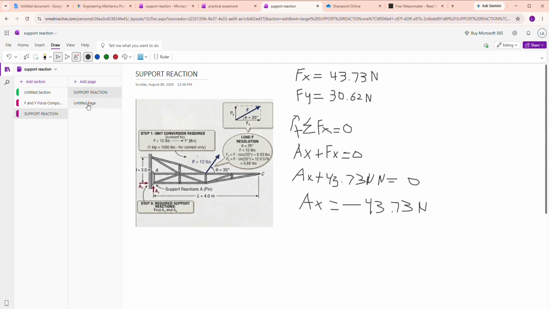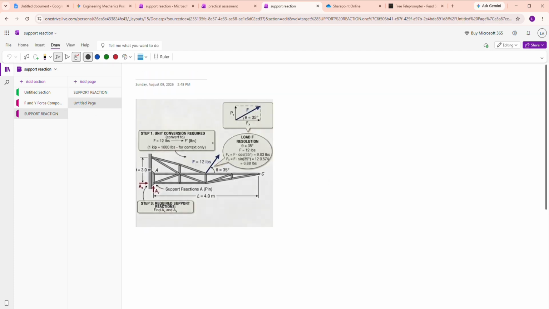Now, we proceed to the vertical reaction Ay, summing forces along the y-axis. The summation of Fy equals 0, and assuming upward as positive, Ay plus Fy equals 0, and substitute the value.